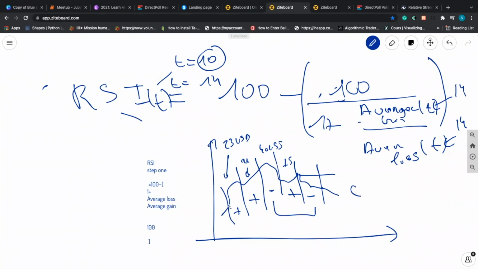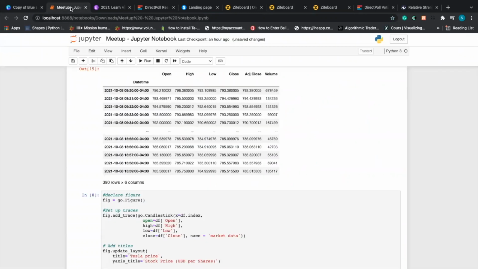Essentially, if you take the opening price it corresponds to the same values, since the closing price here corresponds to the opening price for the new time period. We are going to use the closing price, but you can use the opening price as well. That's going to work too.